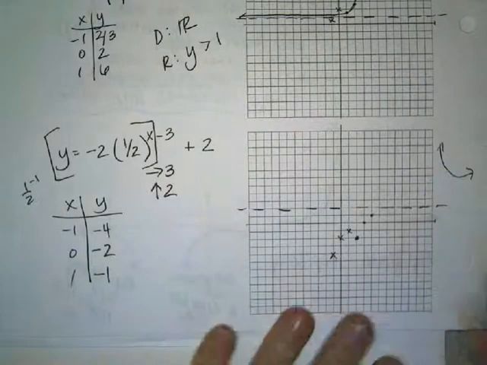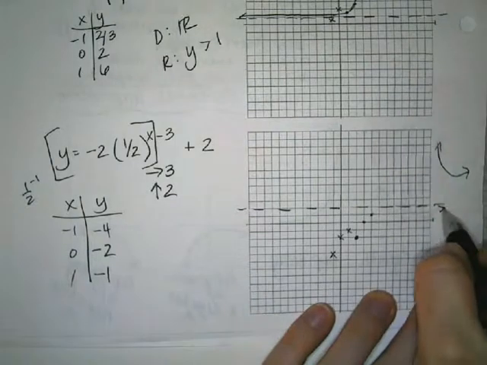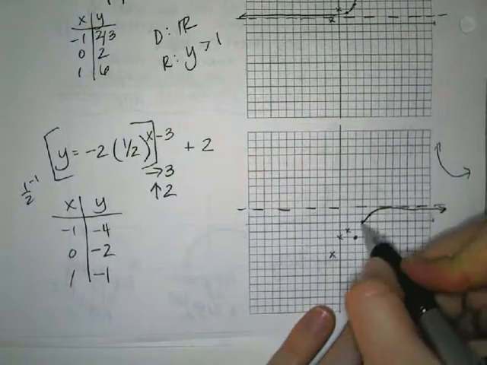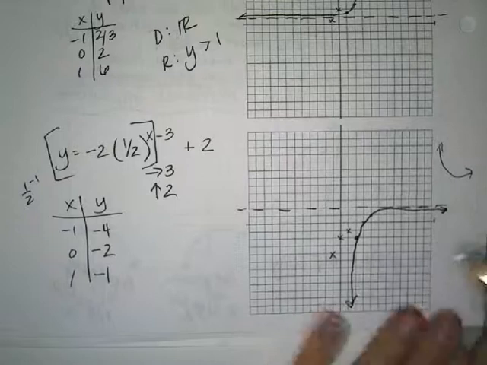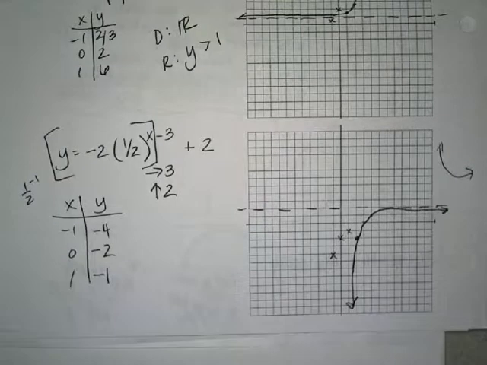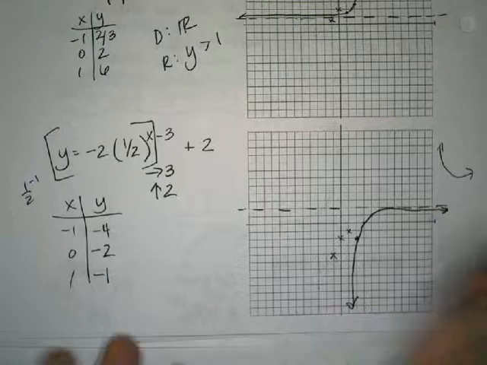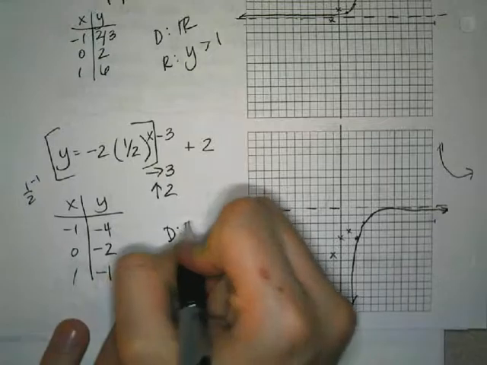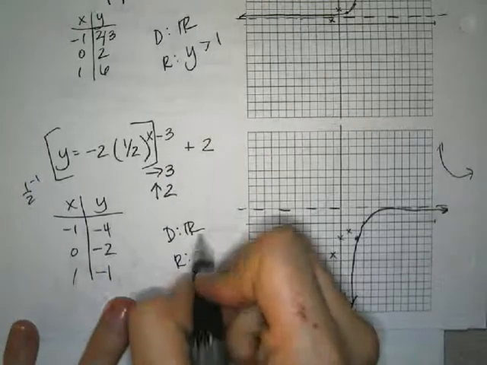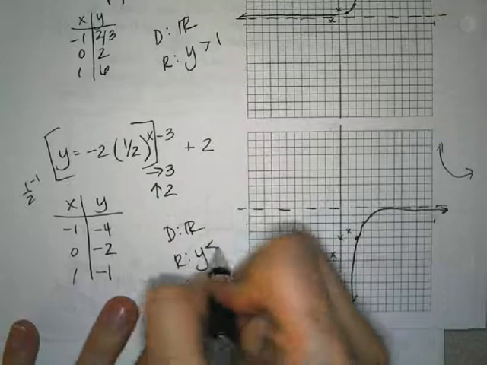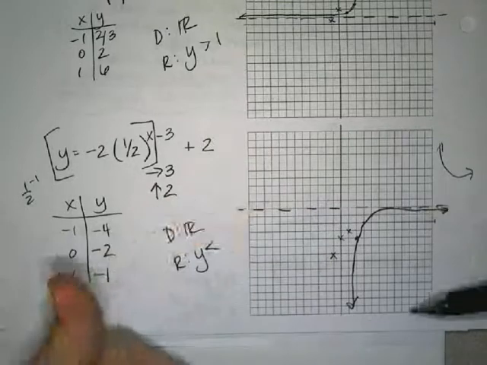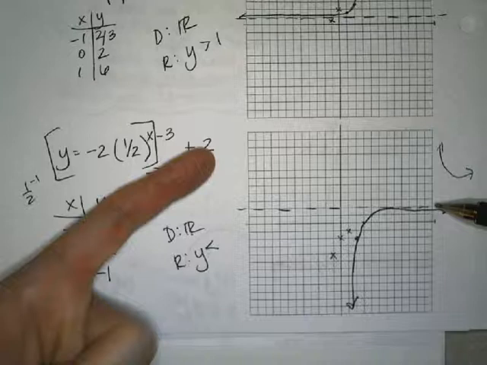So when I draw on my curve, it's going to follow the asymptote and then curve downward, like that. Domain, it's all reals. Range is going to be y values less than, because now my whole graph is less than that asymptote, which is the value of 2.